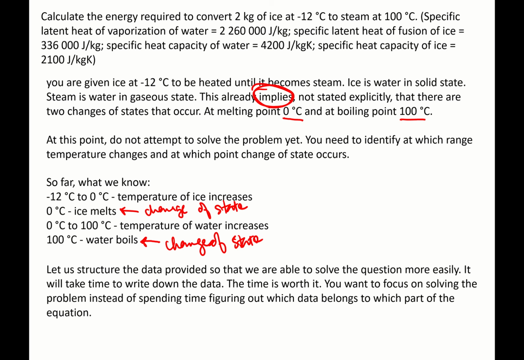Now, there's a lot of information packed into this one line. And the line is calculate the energy required to convert 2 kg of ice at minus 12 degrees Celsius to steam at 100 degrees Celsius. A lot of data is packed in here. So what we're going to do next is to structure the data so that we can solve this question more easily.